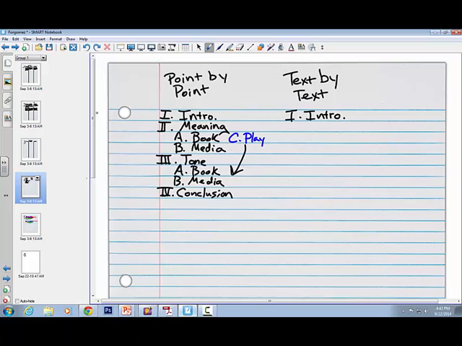The point of this standard is not that you are able to look at 2 different texts, it's that you are able to look at 2 different texts for meaning and for tone. So what I want you to do is examine this text by text and think about the pitfall. So if I put intro and I go into my second paragraph here and I write the book, and then I go into my third paragraph here and I write the media.